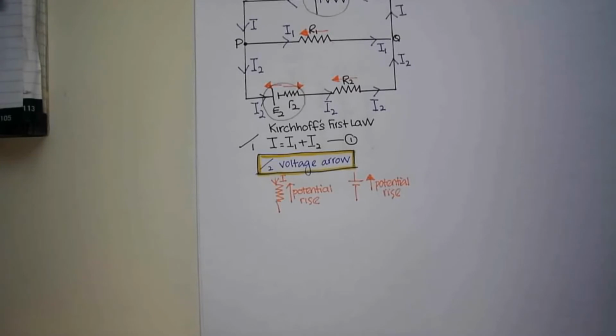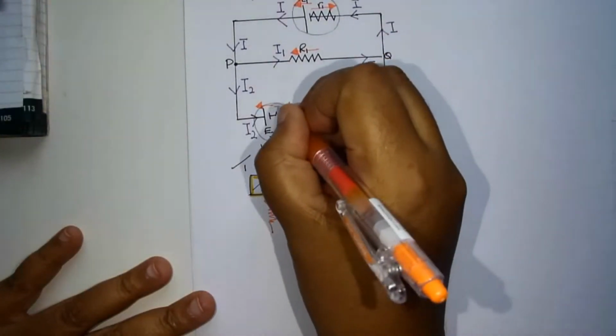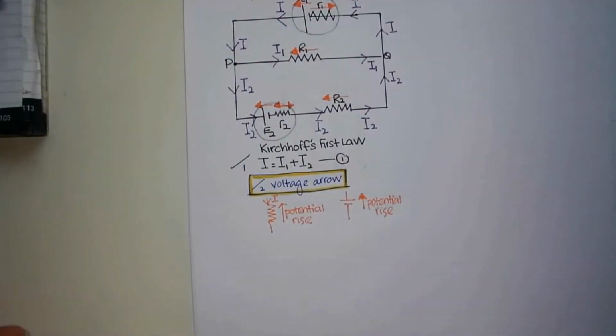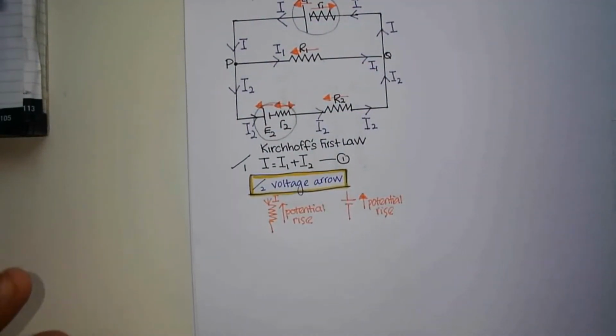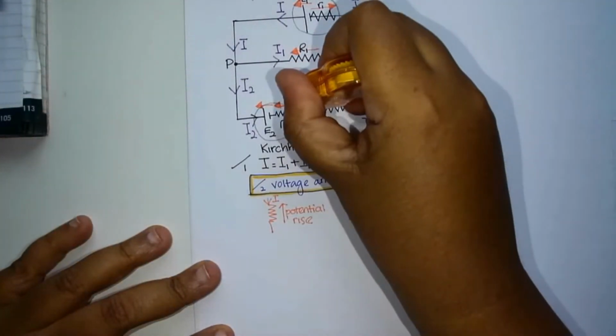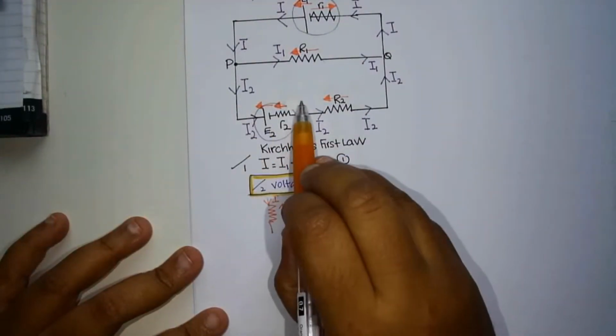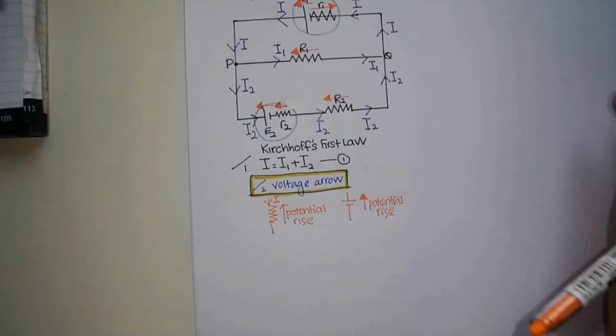Sorry, this one will be this side, opposite. That's a mistake there. This one will be opposite. Correct or not? Because the current is flowing this side, the direction will be opposite.